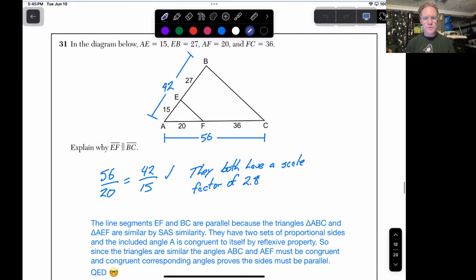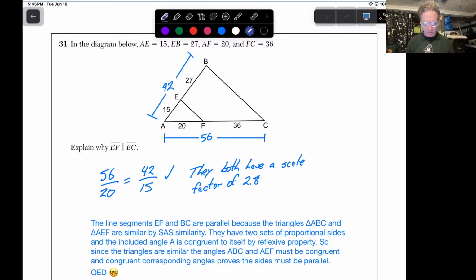This is on the solution guide linked below, so you can take a look at it. I drew out the side lengths, and this is definitely a dilation that's happening, right? We know angle A is congruent to itself because of the reflexive property, and you can see that the sides are proportional because 56 over 20 equals 42 over 15.